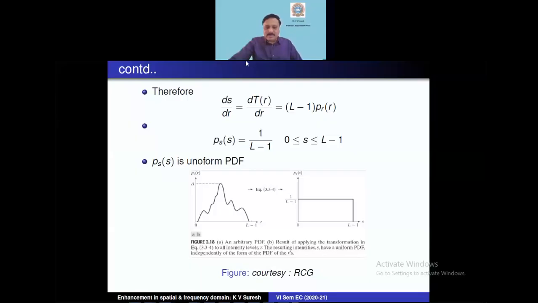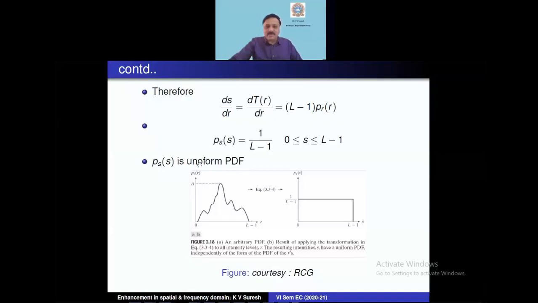Can somebody respond? Rakesh B, are you there? Yes, sir. Tell me, I have shown the graph also. What is PS of S? It's written here. I expect you to read it. That's all. Of course, there is a spelling mistake here.